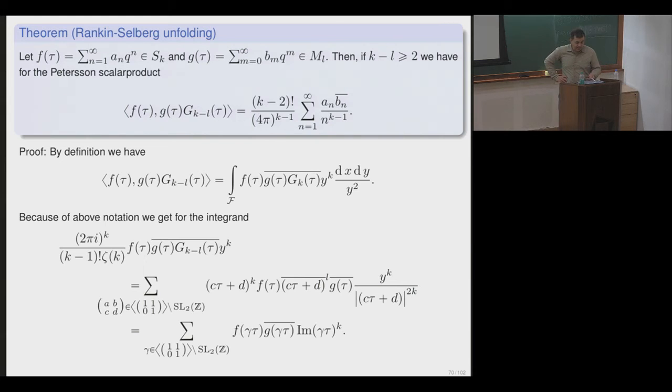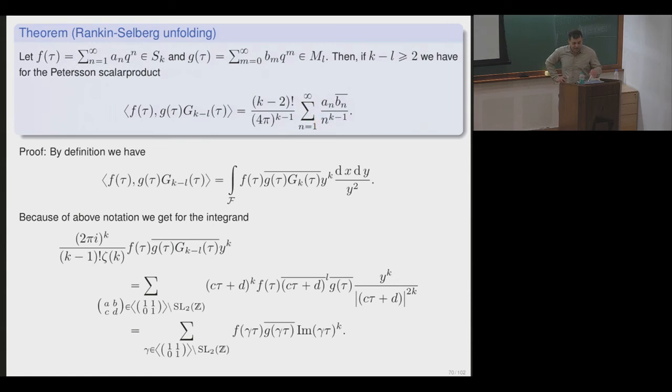So we take a cusp form, any modular form, and some Eisenstein series in such a way that the weight is fine. And then the point is you really can calculate this Petersson scalar product, and you get this nice convolution L-series. I think that's how you call this.